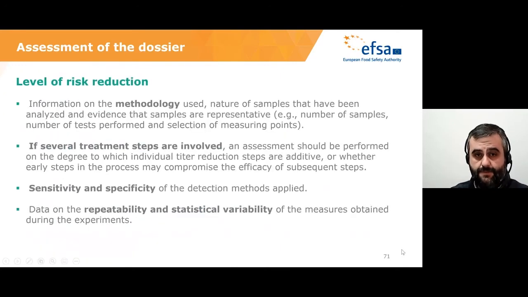Of course, in these experimental studies, you will have to provide a good description of them. A very good description of the methodology followed, how many samples were taken, what type of samples, what methods were used for the analysis of the indicator or the surrogate organism, replicates, etc. So that we can address whether the experimental study has been done appropriately and is robust enough to get confidence in the results obtained.